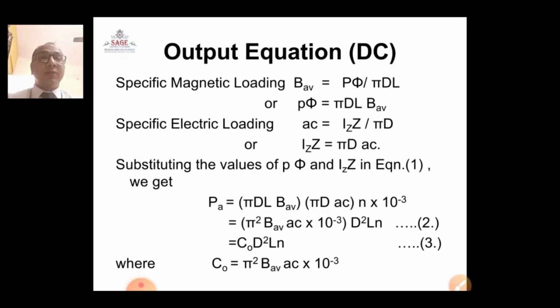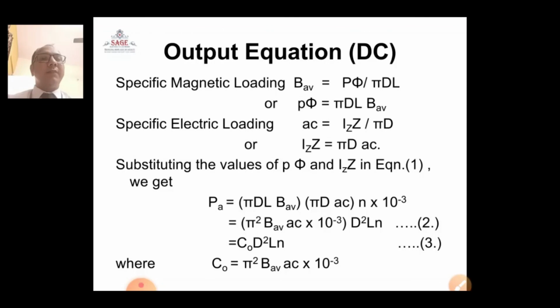When we substitute these two quantities in the main equation, we can derive a very simple equation with one constant, which we will call the output coefficient.